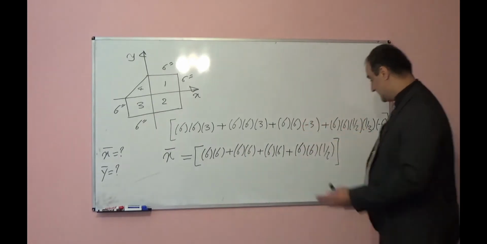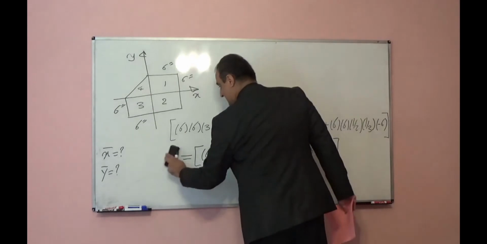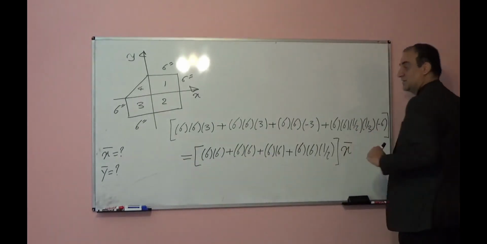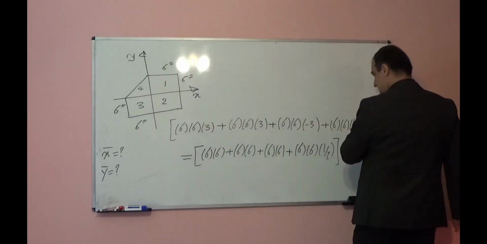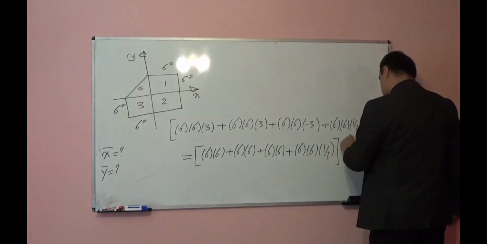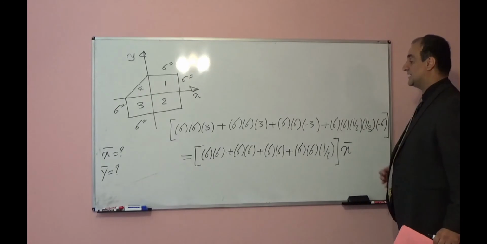Sorry, for moment of area, I made a mistake. This moment of area is equal to summation of area times x bar, because I want to find the centroid in the x direction.